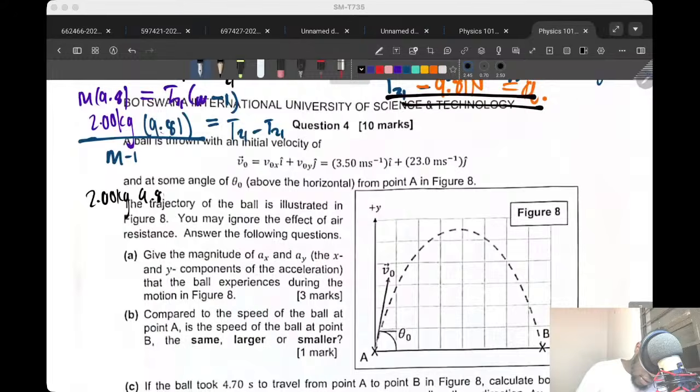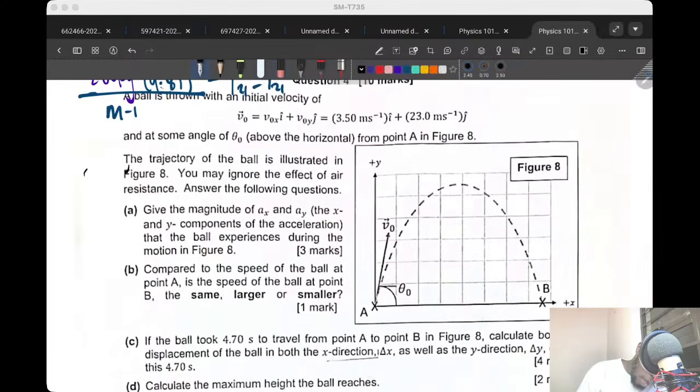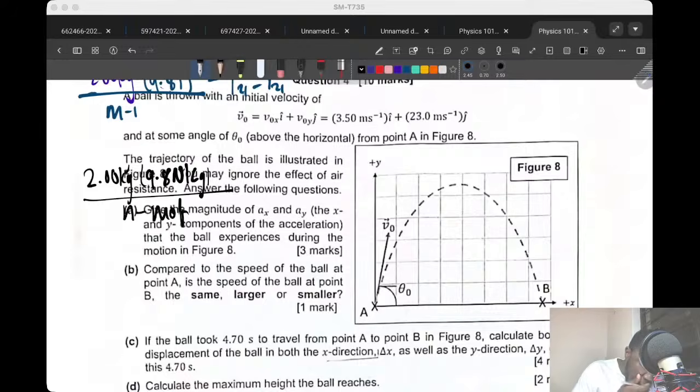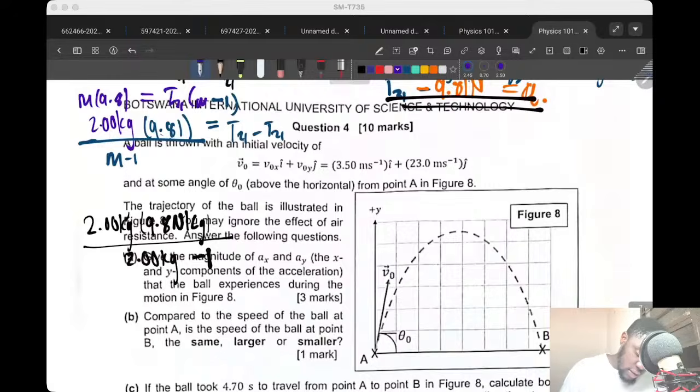So in here what would it be? 2.00 kgs by 9.8, what would it be? 2.00. So what do we get?